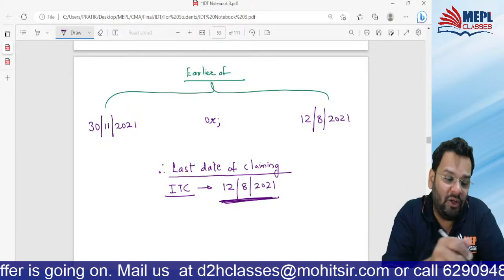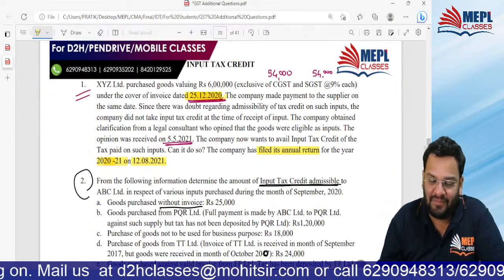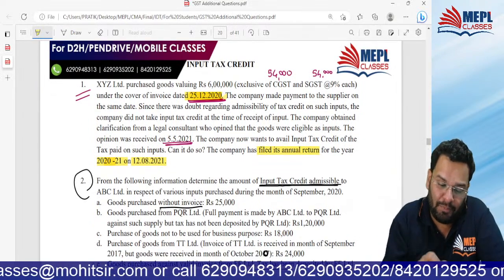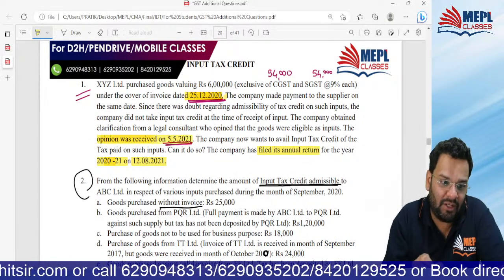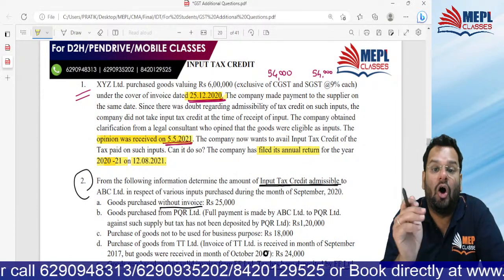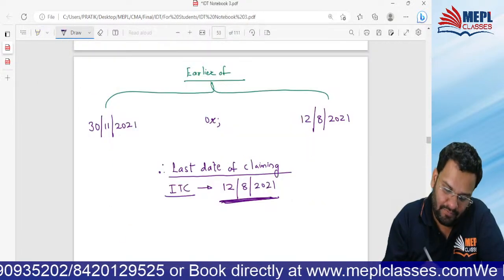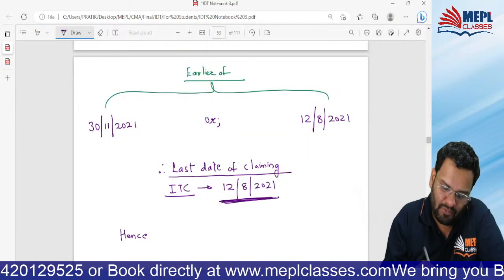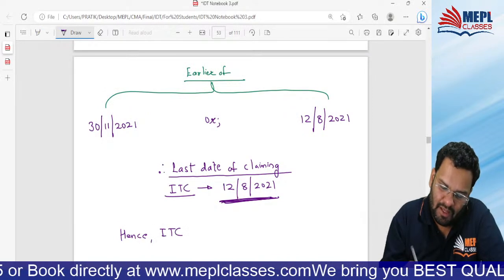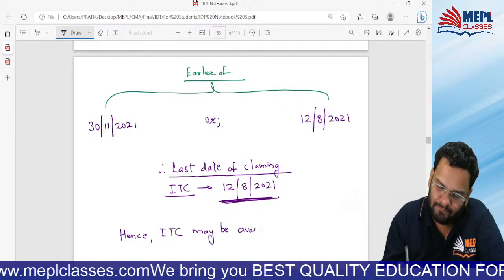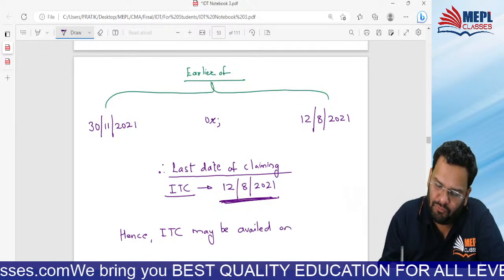Now, understand. When do we want to claim the ITC? This person has got a legal opinion on 5th May 21. On 5th May 21, can ITC be taken? Hence, of course, ITC may be availed on 5th May 21.